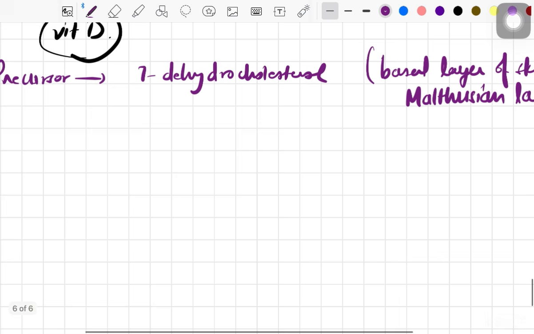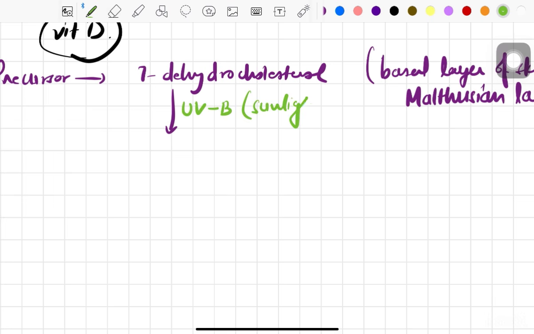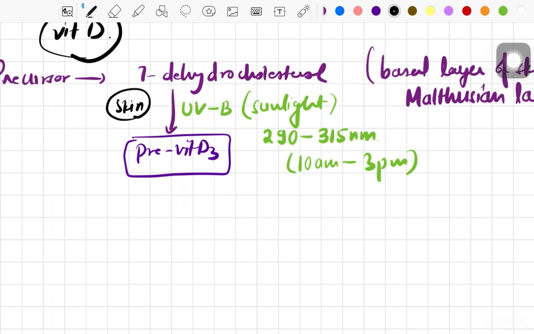So there, 7-dehydrocholesterol, after contact with UVB rays, the UVB sunlight, we must remember the wavelength here, 290 to 315 nanometers, during 10 a.m. to 3 p.m. It is better because light of this wavelength is available during this time. So this 7-dehydrocholesterol is converted to pre-vitamin D3, and this happens in the skin.